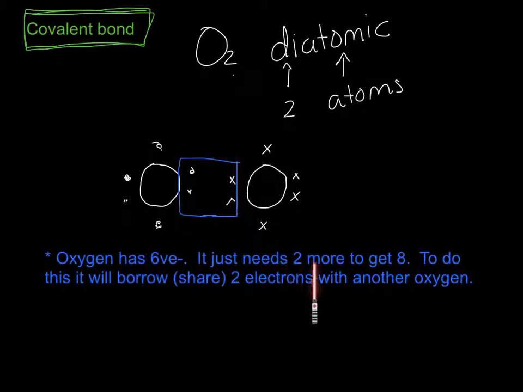It just needed 2 more to get that magic number 8 valence electrons that it wants. To do this, it's going to borrow or share 2 electrons with another oxygen. And that's how covalent bonds form. It's the sharing of electrons, not the transferring of electrons.